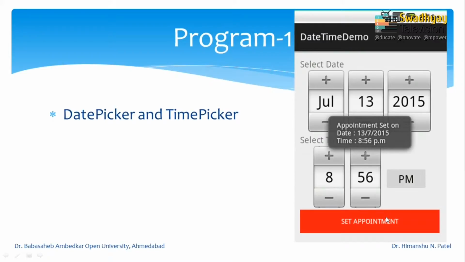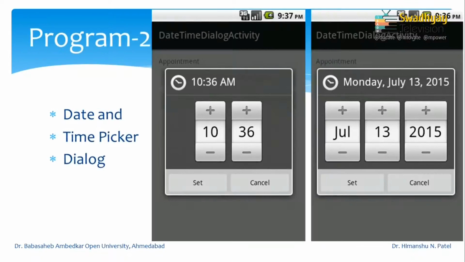Whenever user press this set appointment button, we will fetch these date and time set by user and display these in a toast as a message: appointment set on date so and so and time so and so with AM and PM. This is our first program interface that we are going to implement.